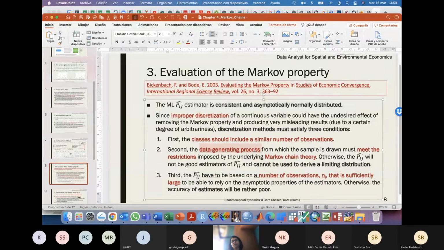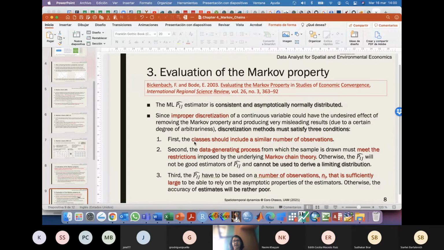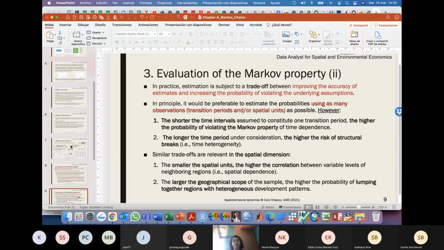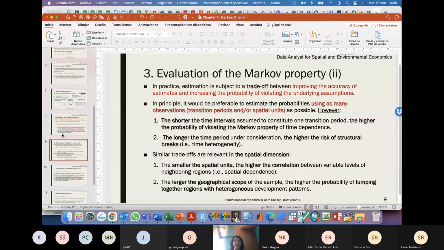This data generating process is a headache, because we should think about it: how is it exactly, and how to approximate it as well as possible, taking into account all these limitations and problems.